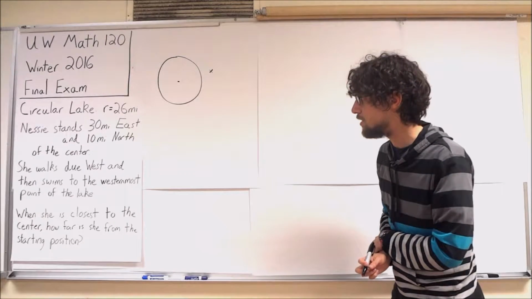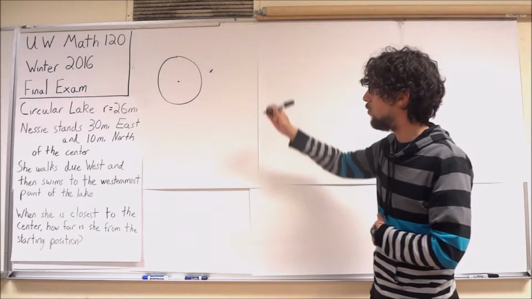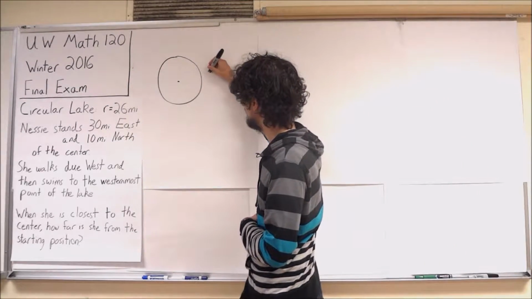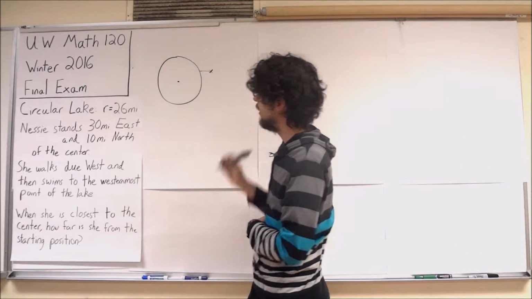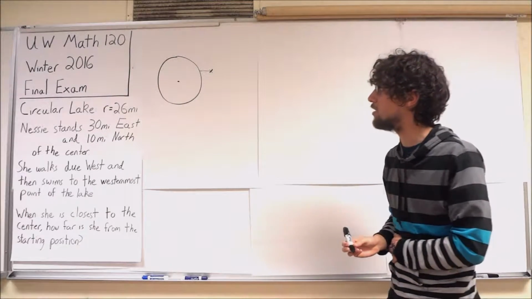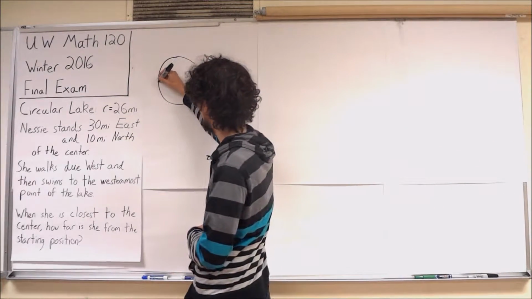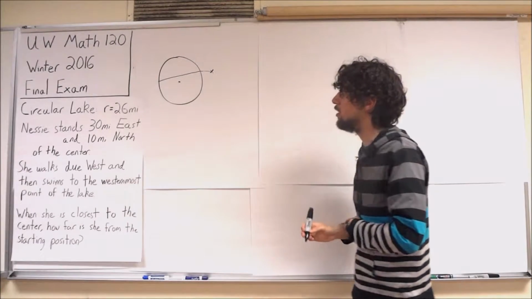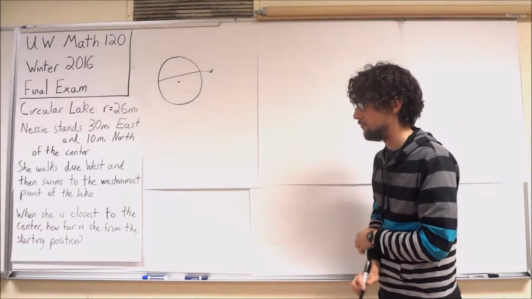And what does Nessie do? Nessie walks due west and then swims to the westernmost point of the lake, which is here. So here is Nessie's path.